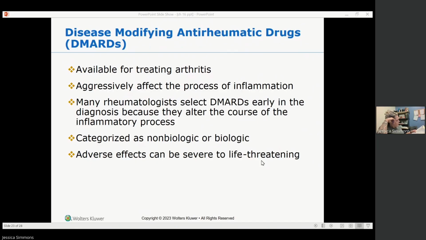Under contraindications and cautions, these drugs cannot be used in anyone with an acute infection, cancer, sepsis, tuberculosis, hepatitis, myelosuppression, which is bone marrow suppression, or demyelinating disorders, because they block the body's immune inflammatory response and serious reactions could occur.